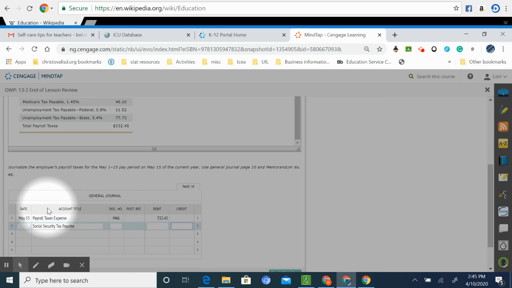Go ahead and pause it here and see if you can fill in those 4 credits correctly. So Social Security tax payable, and then do each of your other ones according to the way you would normally do a credit, using these totals up here. And you're going to have unemployment tax payable federal and unemployment tax payable state. So it would be just like this title heading right here, just without the percents.